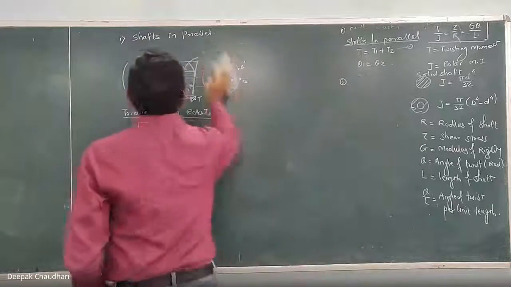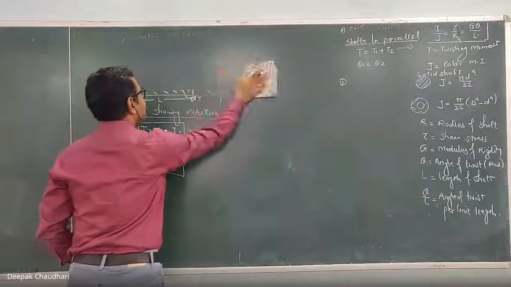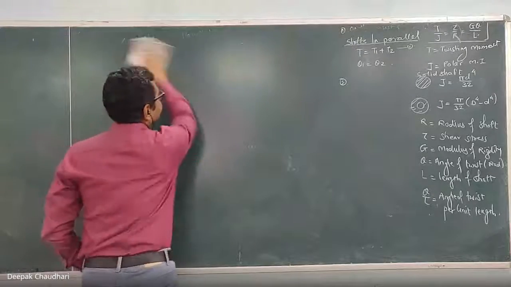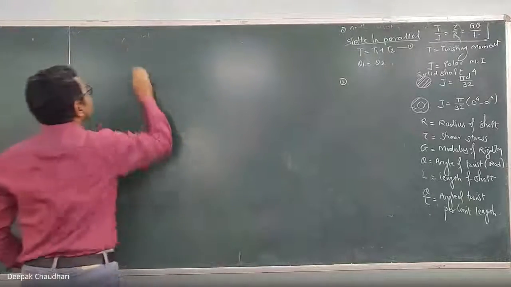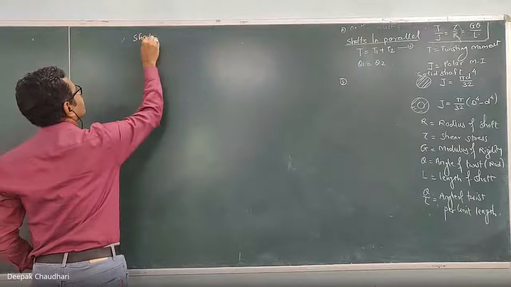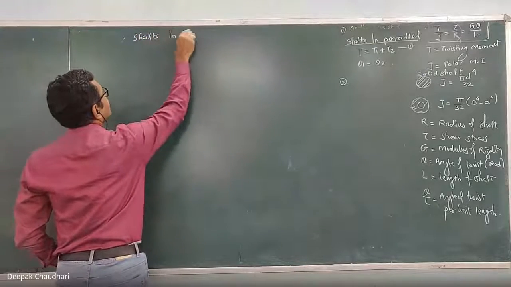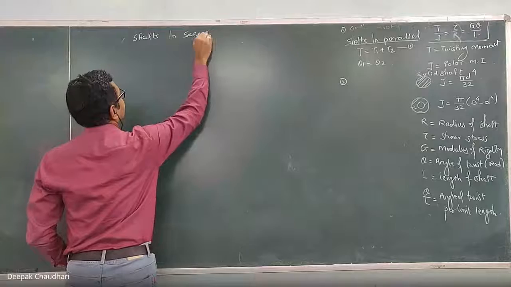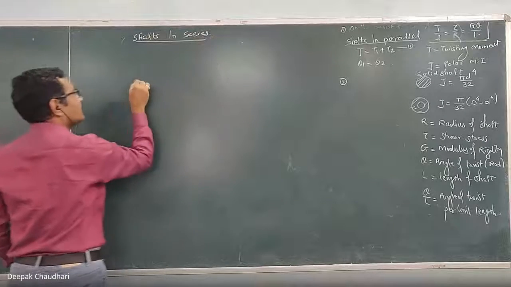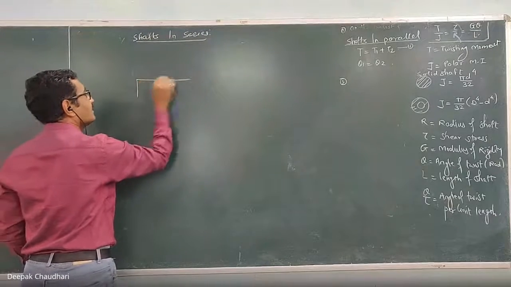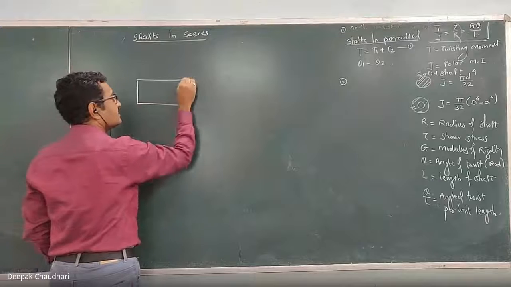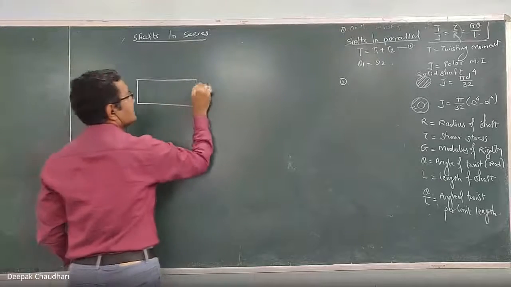Second, when the shafts are connected in series, two different shafts are there. This is shaft 1, this is shaft 2.